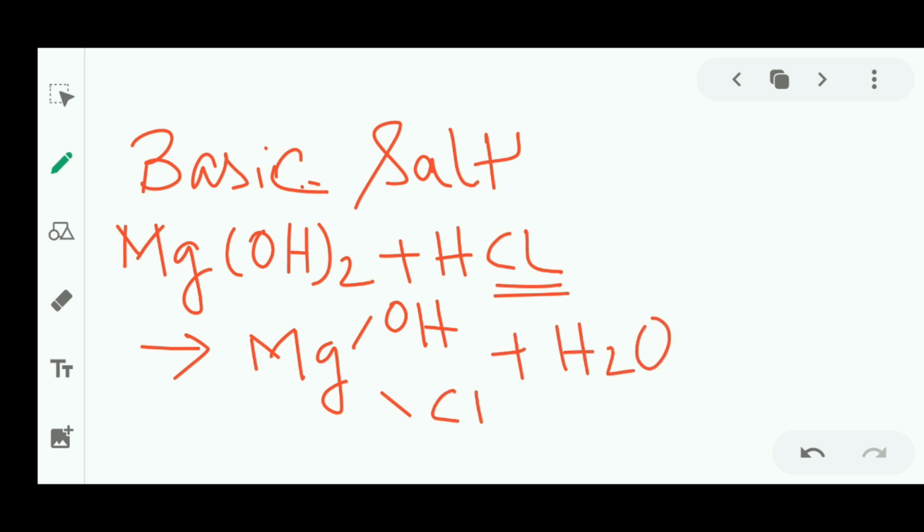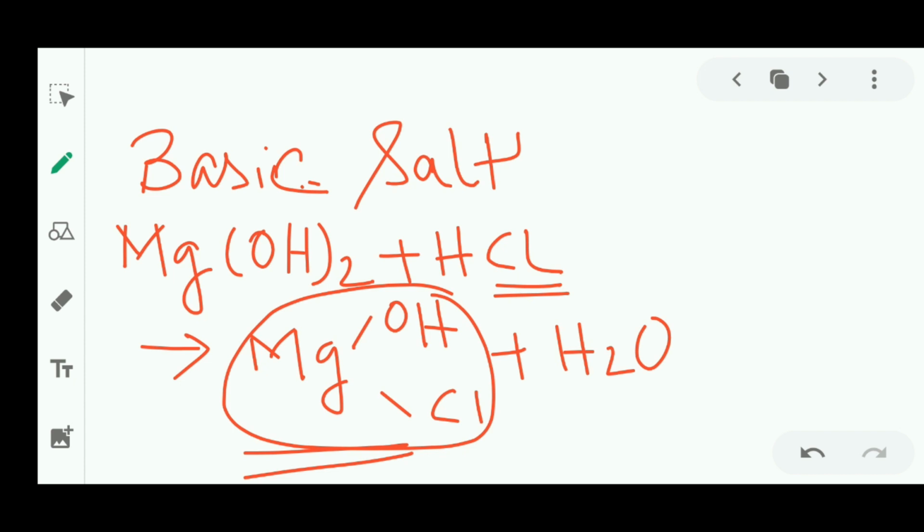So these types of salts are known as basic salts, where OH is replaced by the acid radical. The acid radical is Cl here.